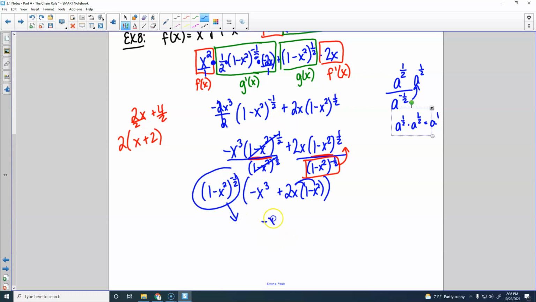So I'm going to have negative x to the third plus 2x minus 2x to the third over 1 minus x squared to the 1/2, which is going to be negative 3x to the third plus 2x over 1 minus x squared to the 1/2.